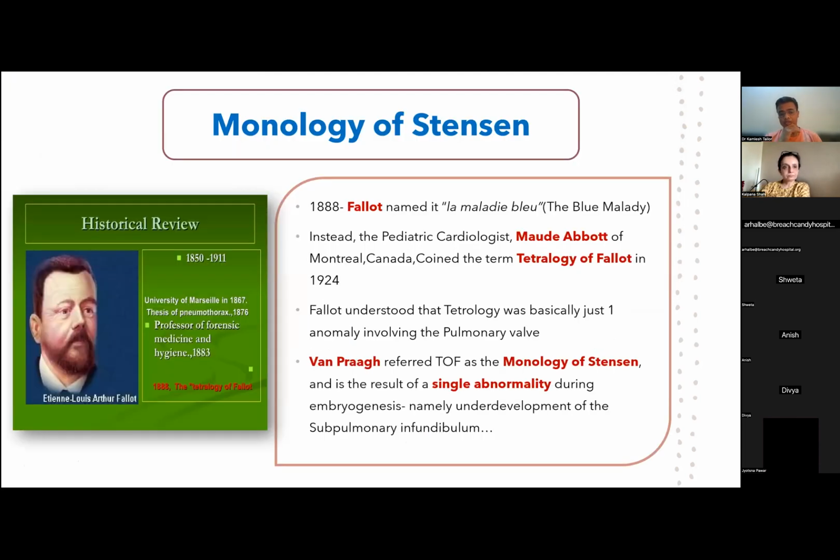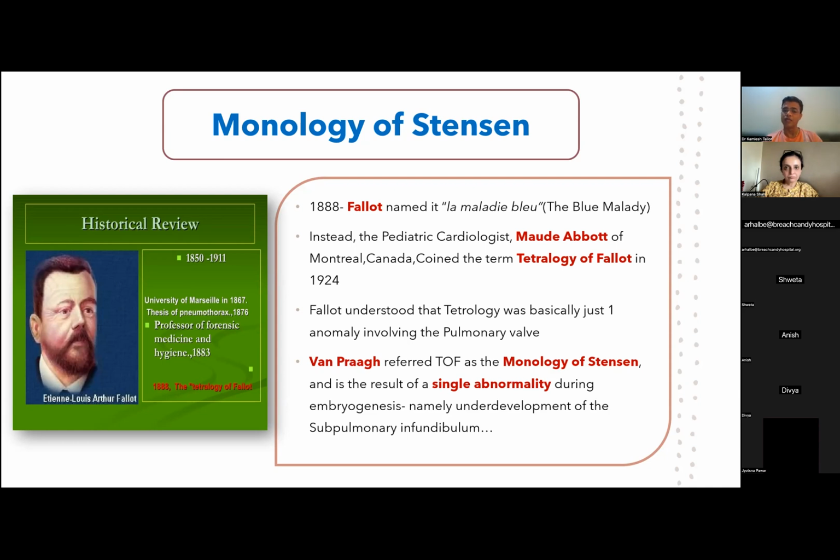Starting with some of the history, because tetralogy is one of the oldest congenital heart diseases diagnosed, and congenital heart surgery also started with this disease. In 1888, Fallot described this as a blue malady, but he did not use the term tetralogy of Fallot.